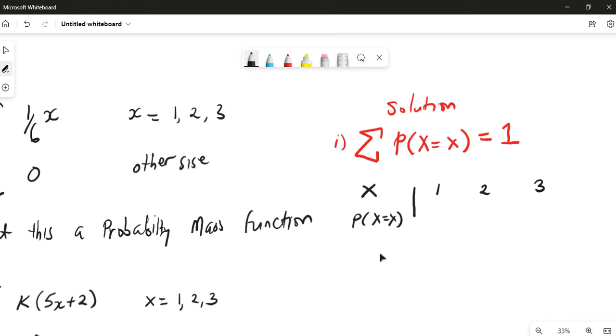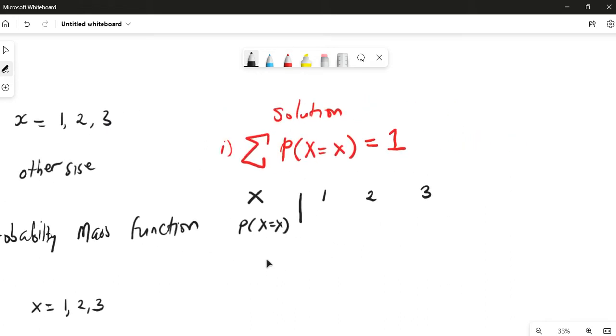When x equals 3, substitute x for 3. Let me do the workings on the side. 1 over 6 times 1 when x equals 1. When x equals 1, the probability is 1 over 6.